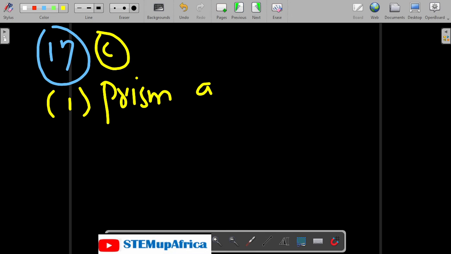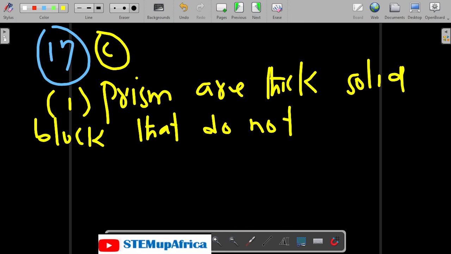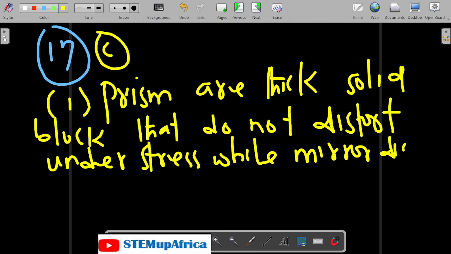Prisms are thick, hard, solid blocks that do not distort under stress, while a mirror distorts under stress.